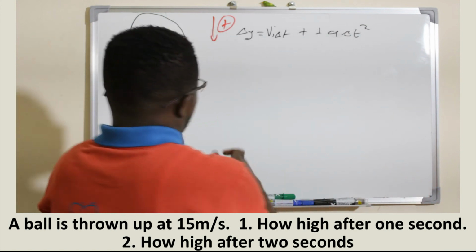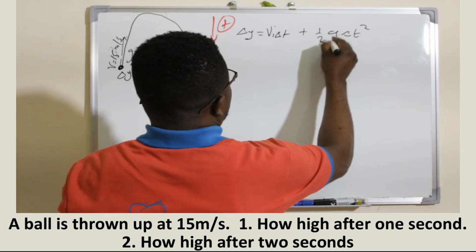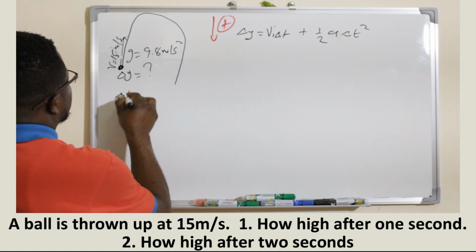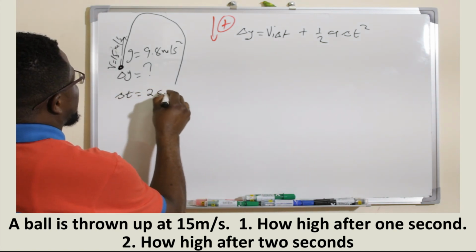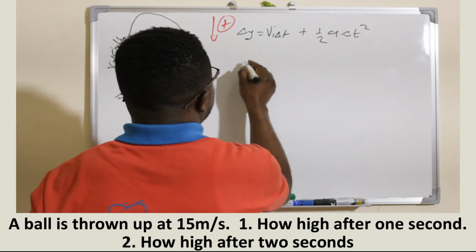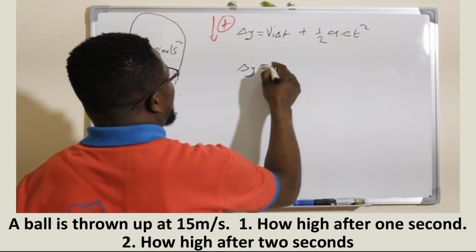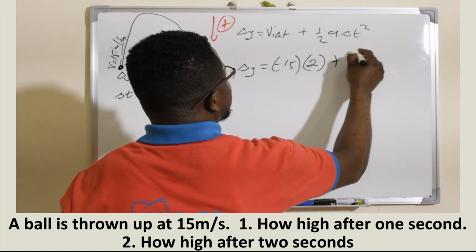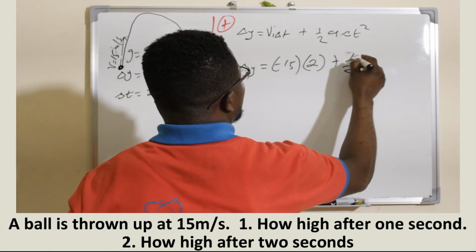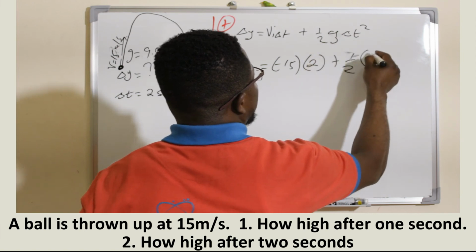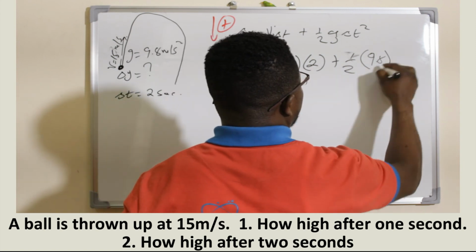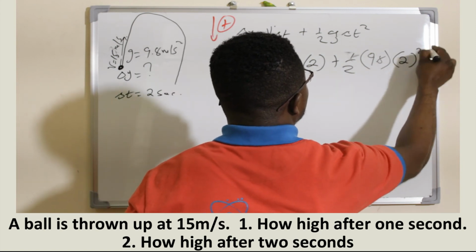Remember that this time around my change in t is now 2 seconds, so I put that in there. Change in y is now equal to negative 15 into 2 plus 1 over 2, and my g here is 9.8, which is positive because downward is positive, multiplied by 2 squared.